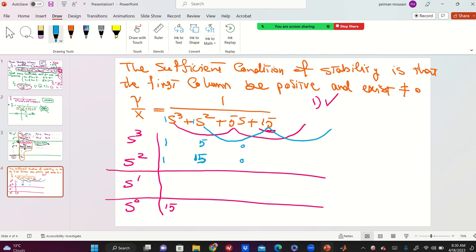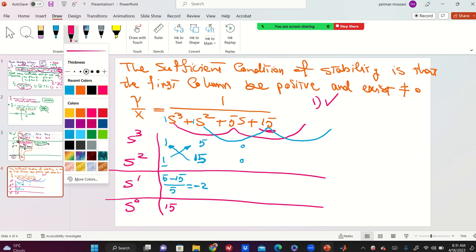Now what I'm going to do, I'm going to multiply this by this, and multiply this by this, divided by 1. So it's going to be 5 minus 15 divided by 5. Minus 10 divided by 5 is minus 2. Here we go.